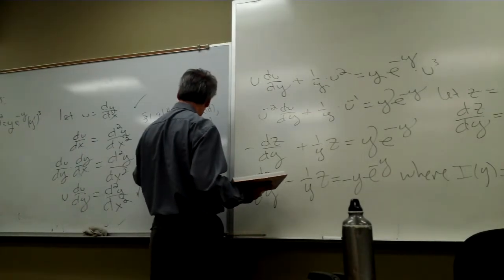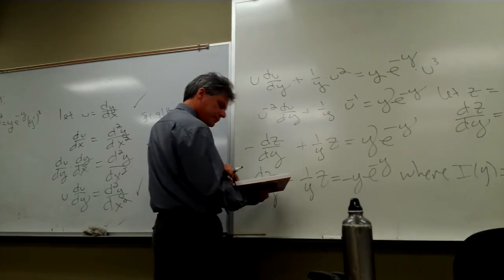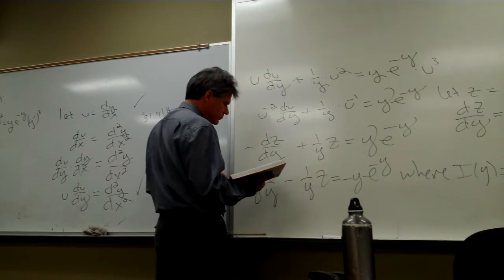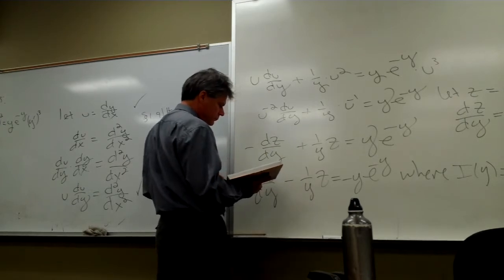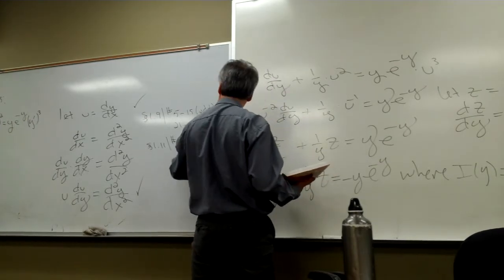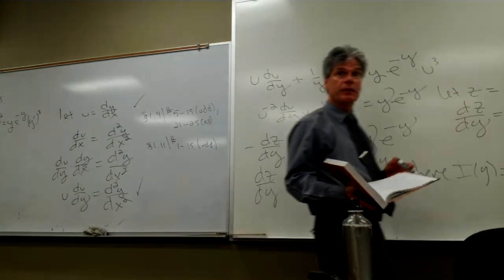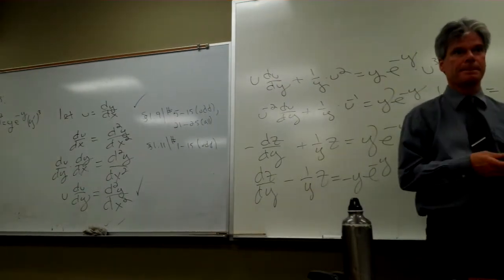Section 1.11. How about one? Here, 15 on. Unless they're difficult, just do the evens as well.